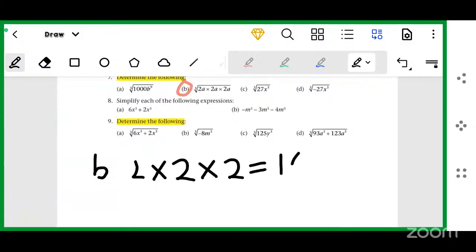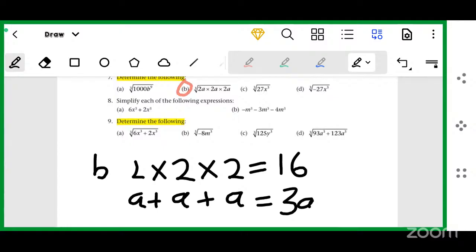And then you're going to add the variables. Okay, so I'm going to say A plus A plus A. Yes, ma'am. And what are we going to get? We are going to get 3A.